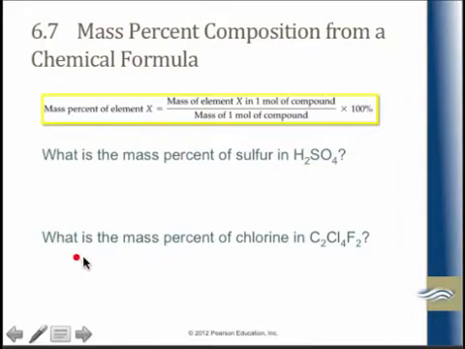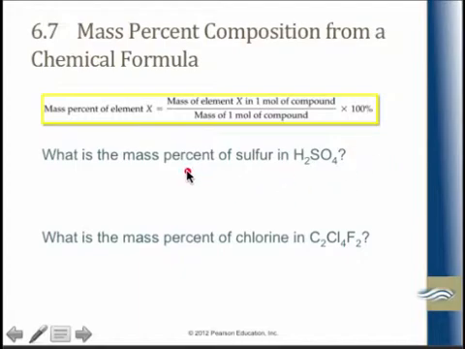And then do this one. What is the mass percent of chlorine in C2Cl4F2, which is a chlorofluorocarbon, also known as Freon 114, one of the banned chlorofluorocarbons that ruins the ozone layer? So pause this, do these calculations, and I'll come back with the answer.